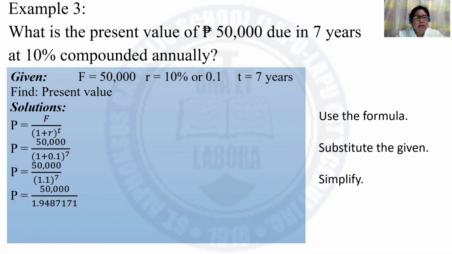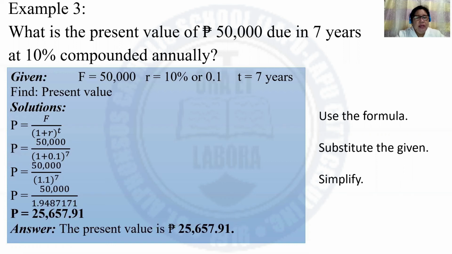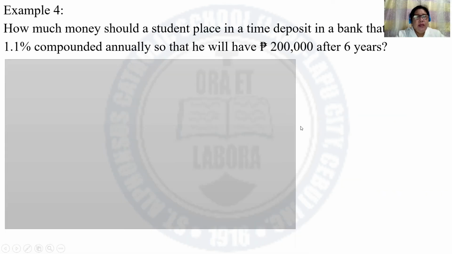So the denominator is equivalent to 1.9487171. Then P is equal to 25,657.91. The answer is the present value is 25,657.91 pesos.